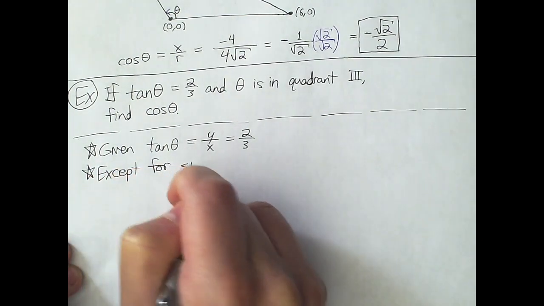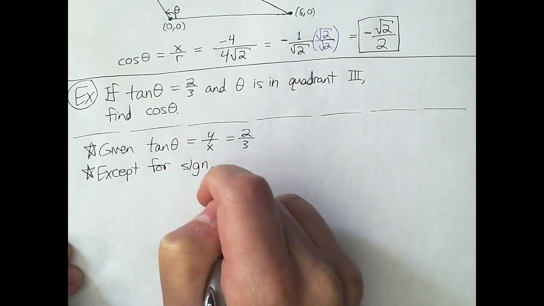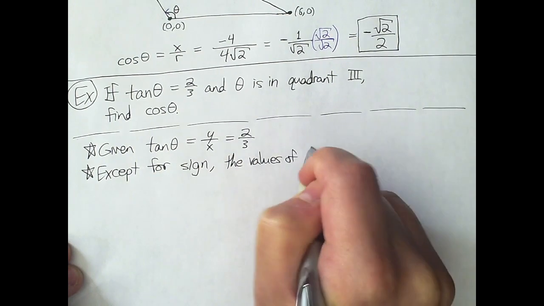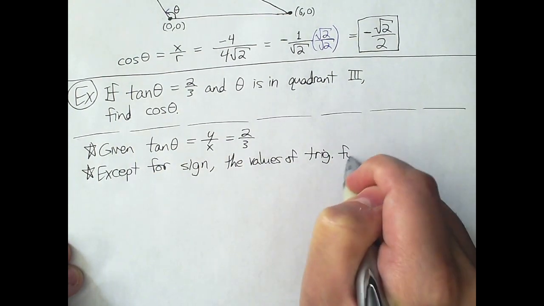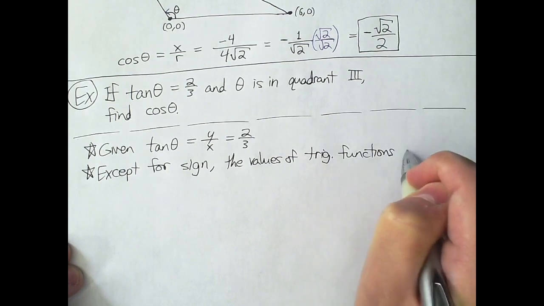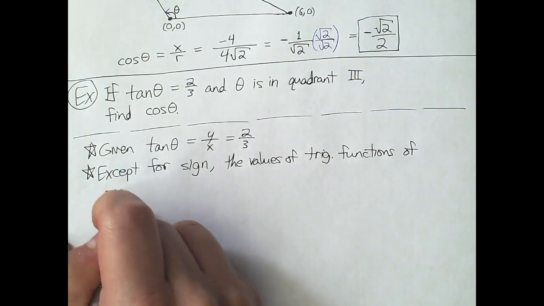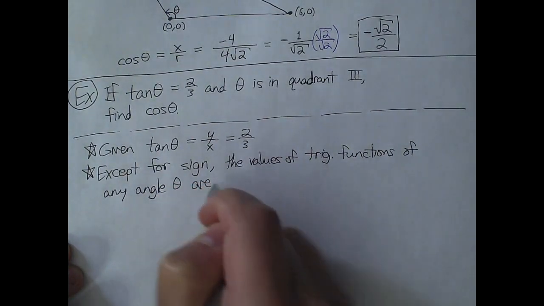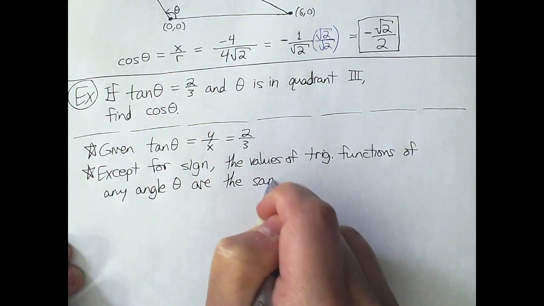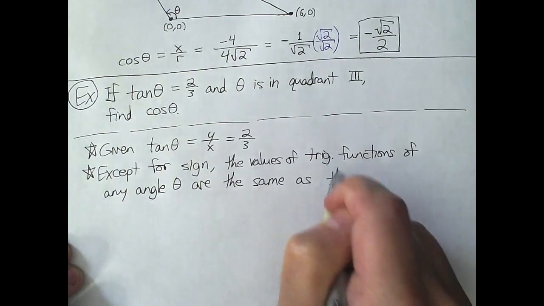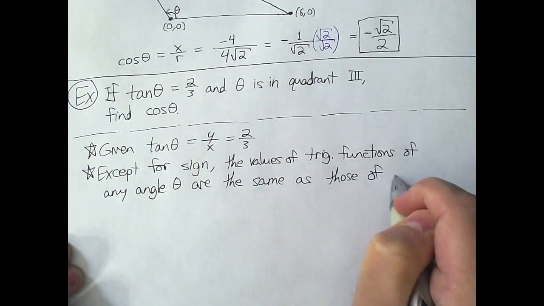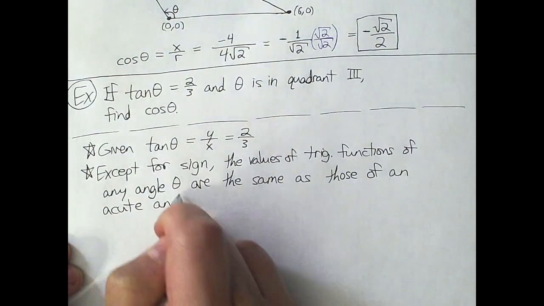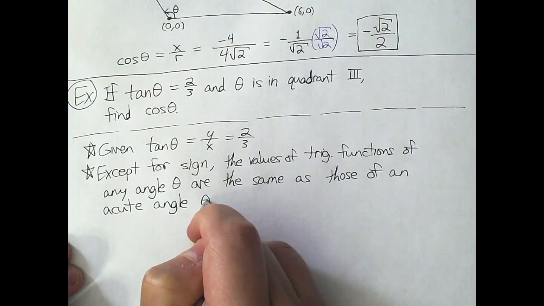Except for sign, S-I-G-N, the values of trig functions of any angle theta are the same as those of an acute angle theta with a bar over it.